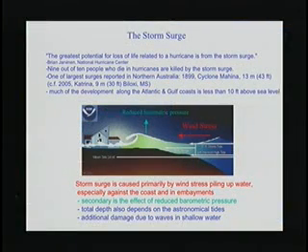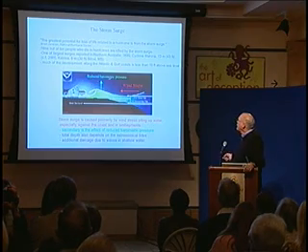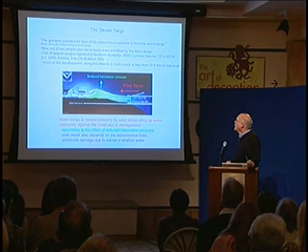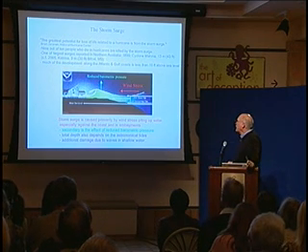The storm surge is in fact mainly caused by the wind stress on the water surface, pushing water ahead of the hurricane, and there's also an effect due to the reduced barometric pressure. So just as you suck on a straw, you lift liquid from a glass, when you reduce the atmospheric pressure over the ocean, the local surface level tends to rise, so there's an increase in the water level with the decrease in the barometric pressure.